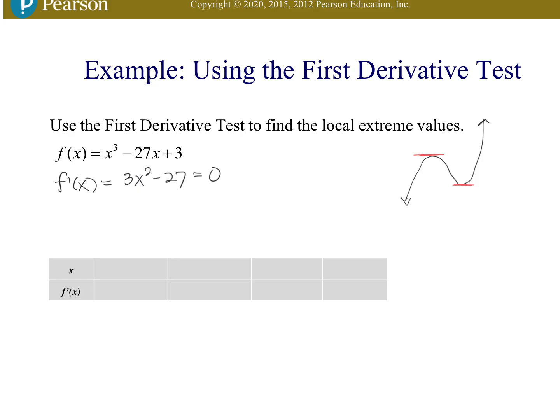I can factor that. And I can factor it again. And because it's equal to 0, that tells me that these things are happening at plus and minus 3.